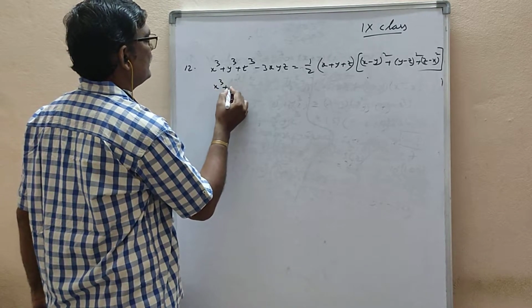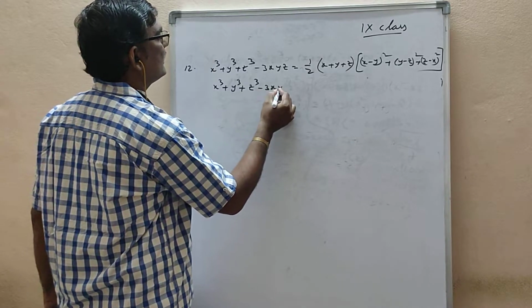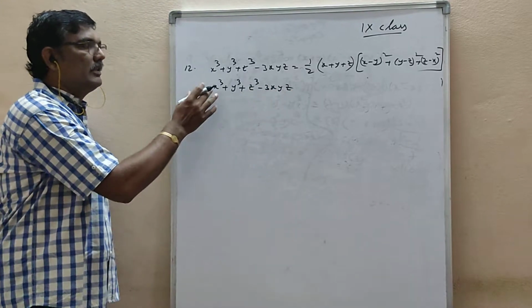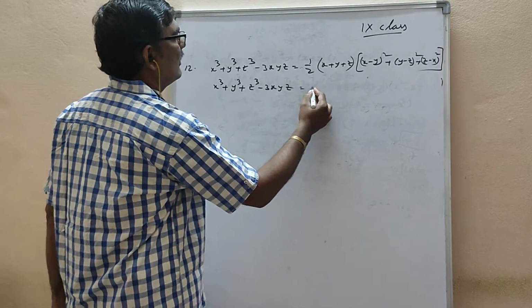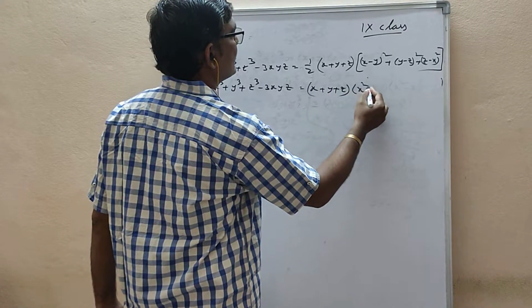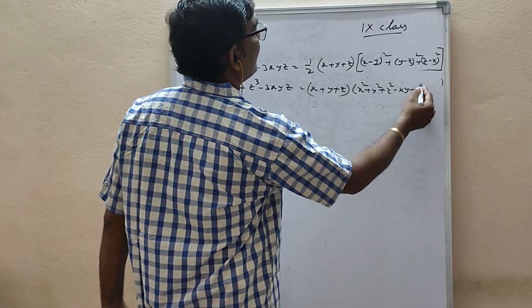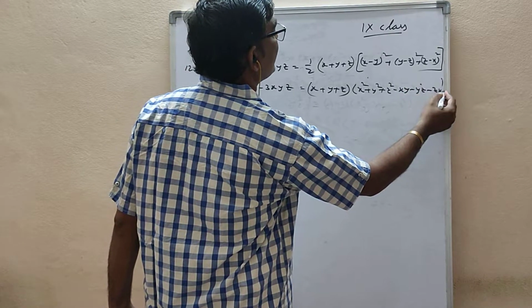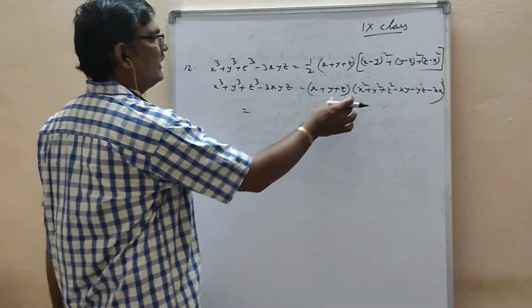LHS is x cube plus y cube plus z cube minus 3xyz. For this, I already said to you, this is the identity: x plus y plus z into x square plus y square plus z square minus xy minus yz minus zx. It is an identity. This I am writing here.